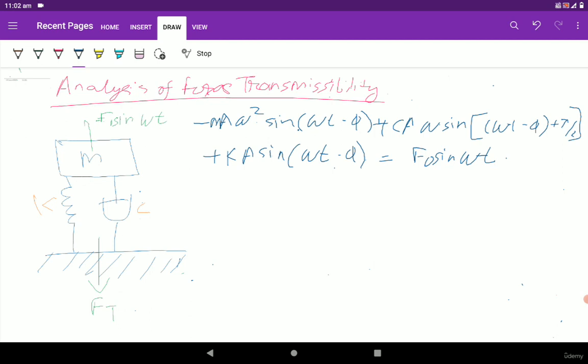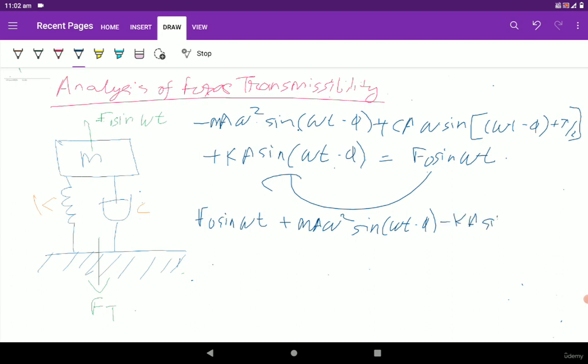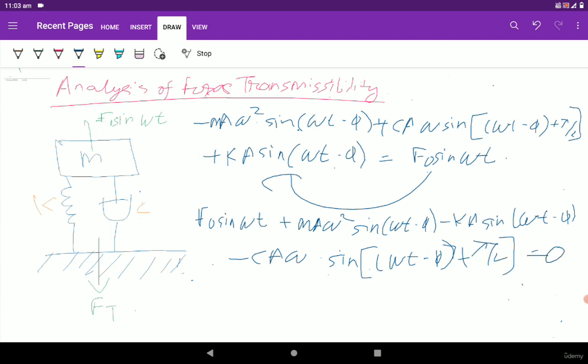After further simplifying, bringing F naught sine omega t to this side, we get F naught sine omega t plus m A omega square sine (omega t minus phi) minus k A sine (omega t minus phi) minus c A omega sine (omega t minus phi plus pi by 2) is equal to 0.